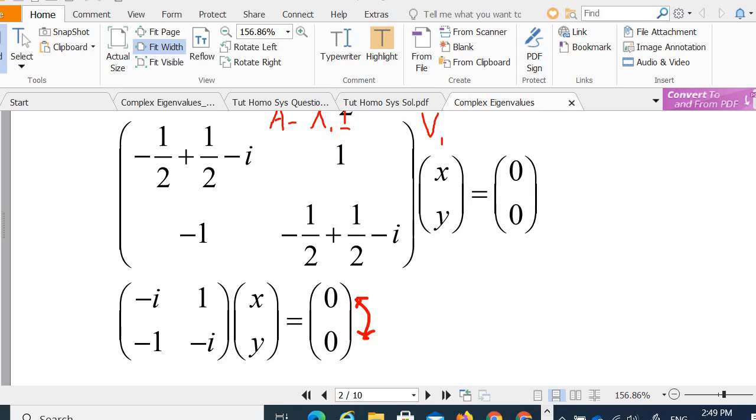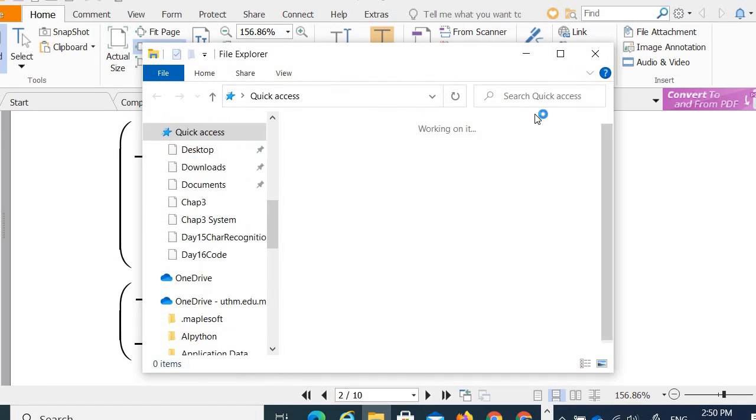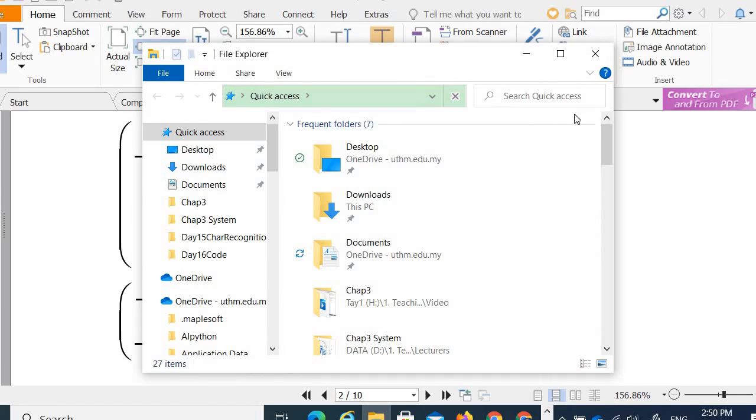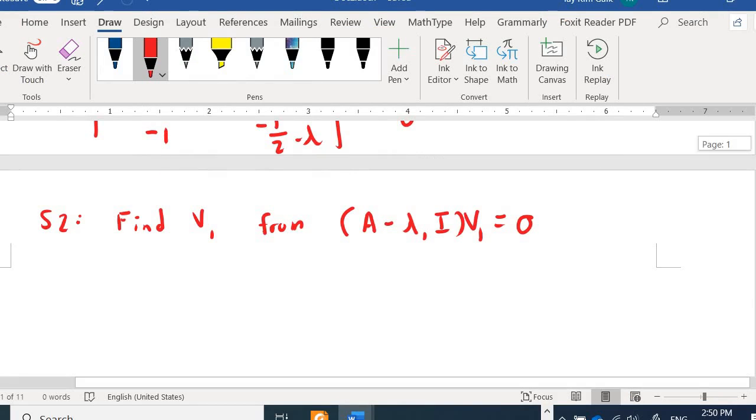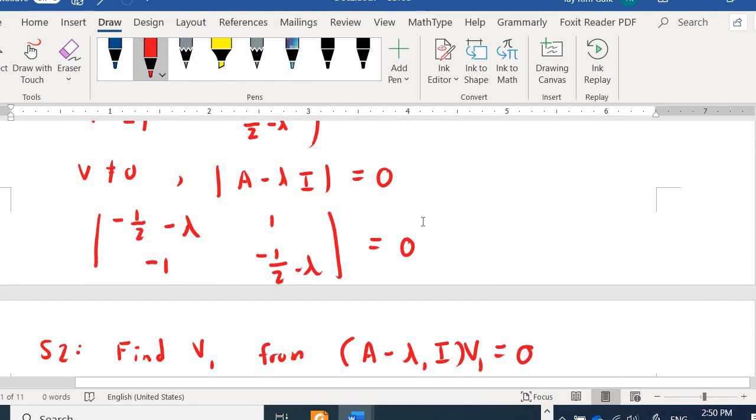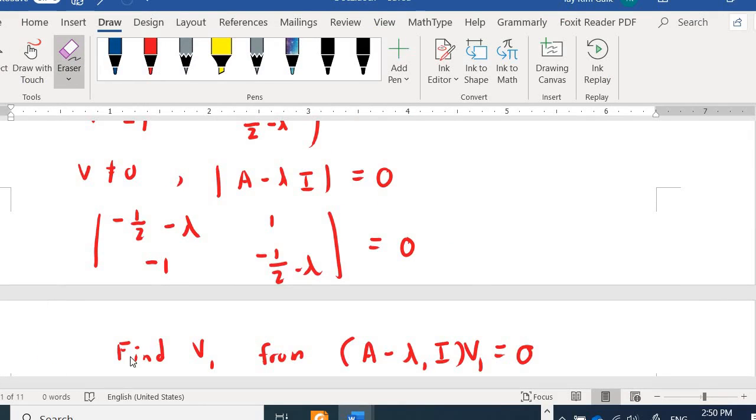I change it to another form where I can write. Hold on. Never mind. If you are confused, we solve it from here without reducing it. We can also get the solution. It's actually the same.